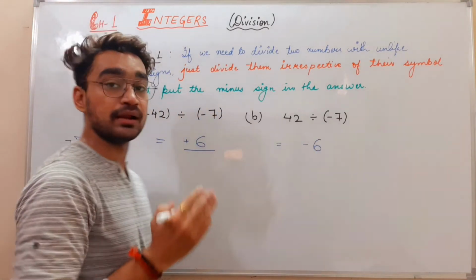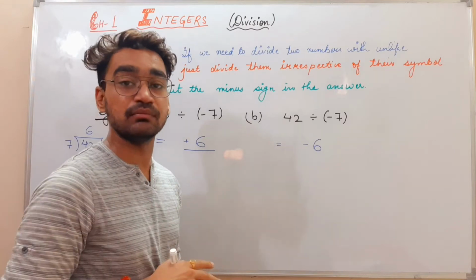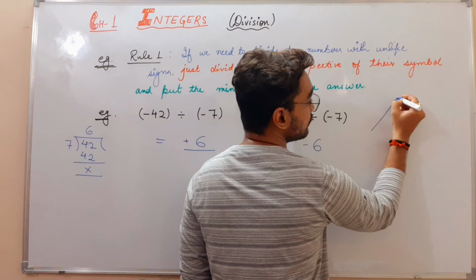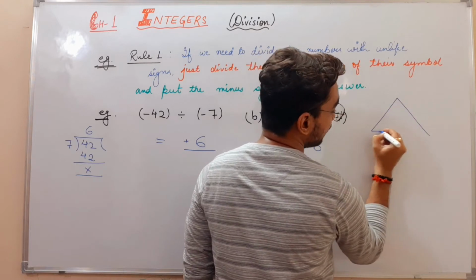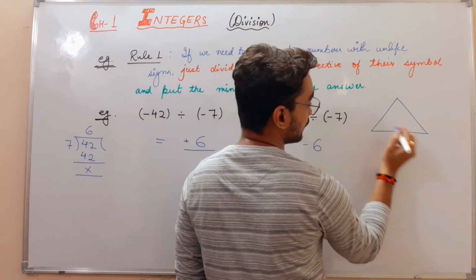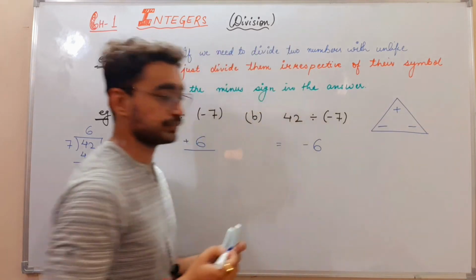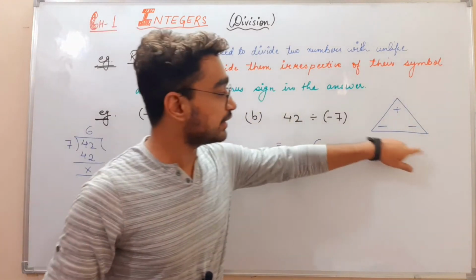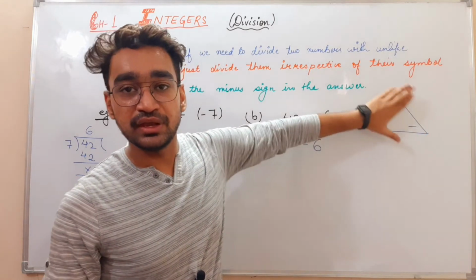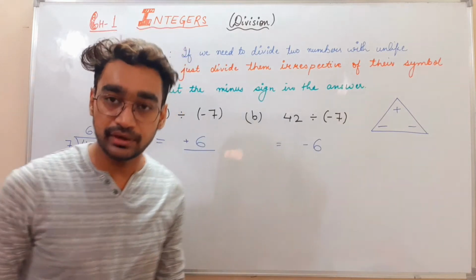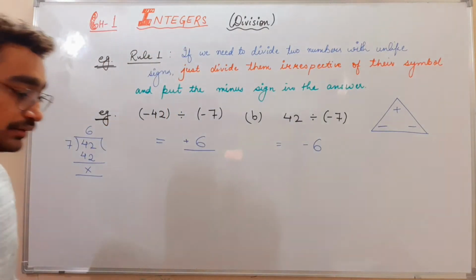It is just similar like the sign convention which we are using in the multiplication also. Do you remember that in the case of multiplication we have done a triangular system? Minus, plus. If both numbers are negative, answer will be positive. If one is negative, one is positive, answer will be negative, right? Like that. So let us do some more example.